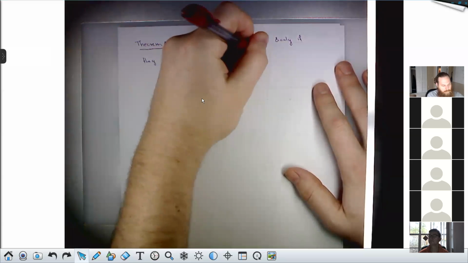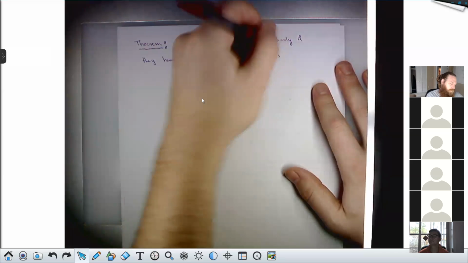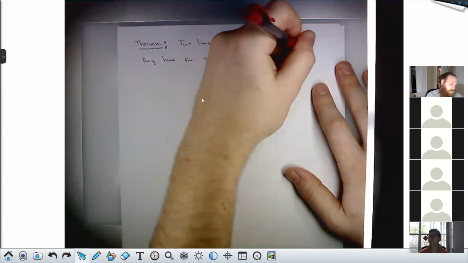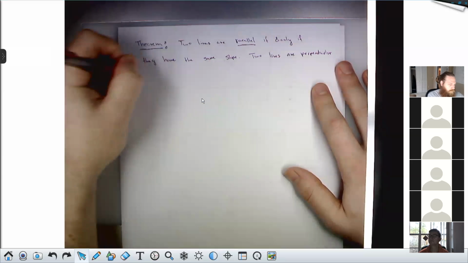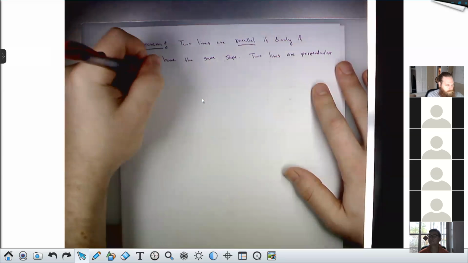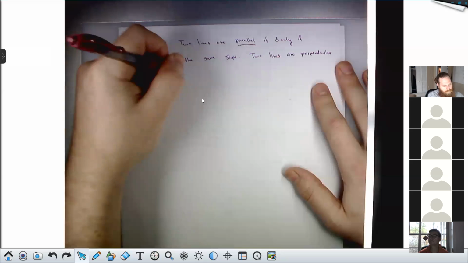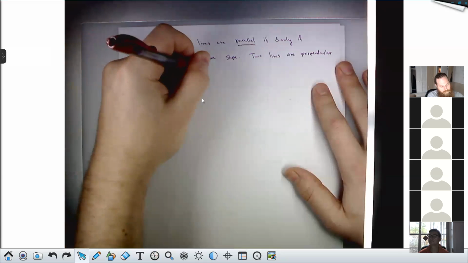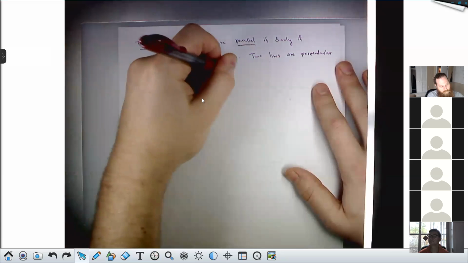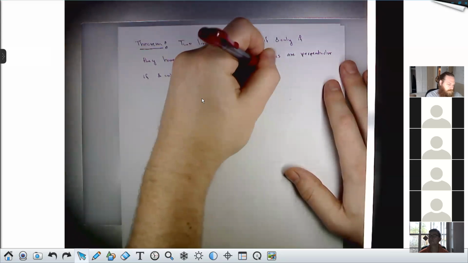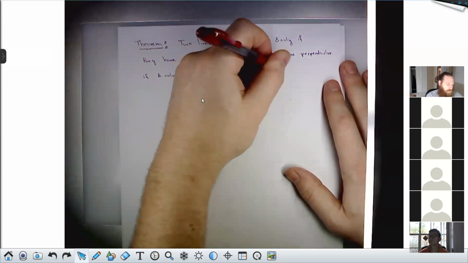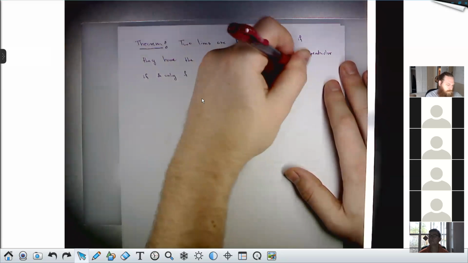And two lines are perpendicular if and only if their slopes are opposite reciprocals.